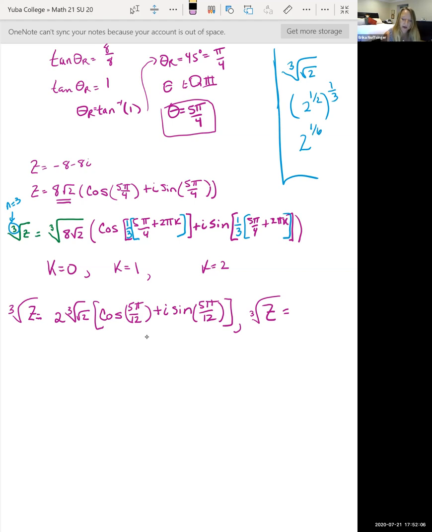And so now I can rewrite this as a single radical. And this would be the 6th root of 2. That's just this piece right here. So we have 2 times the 6th root of 2.